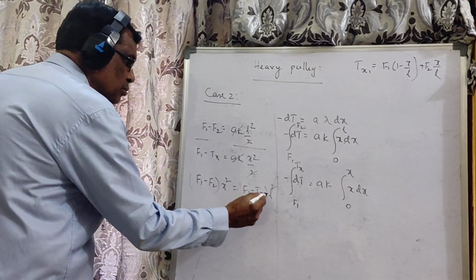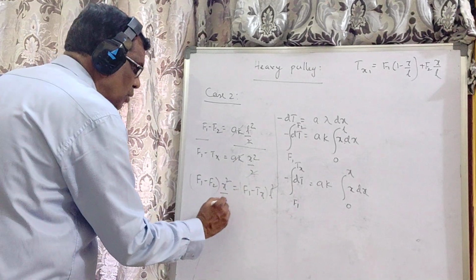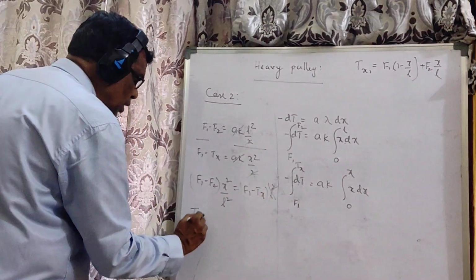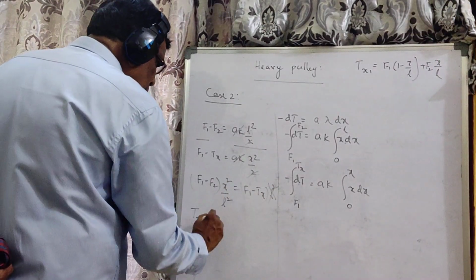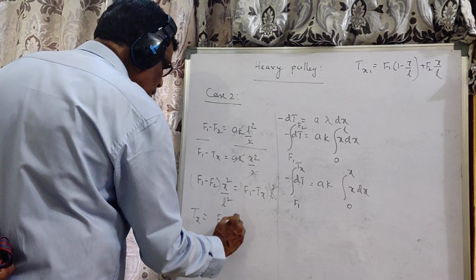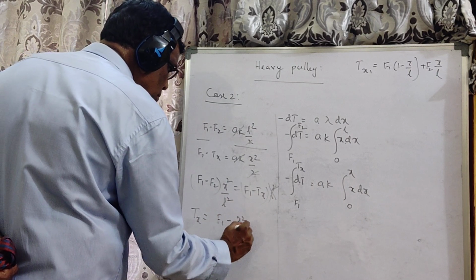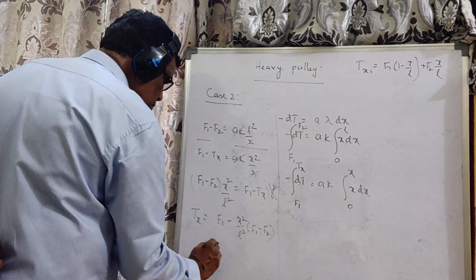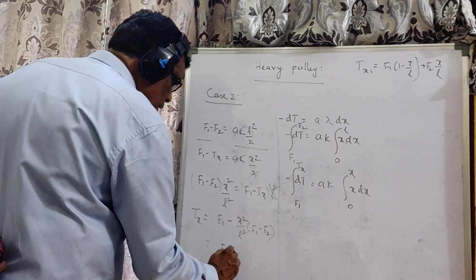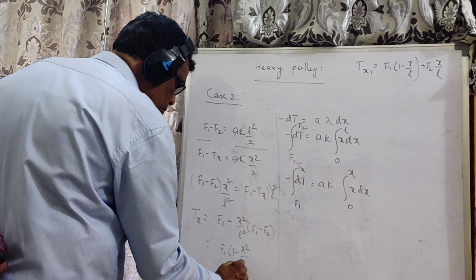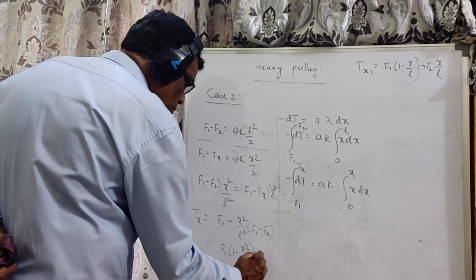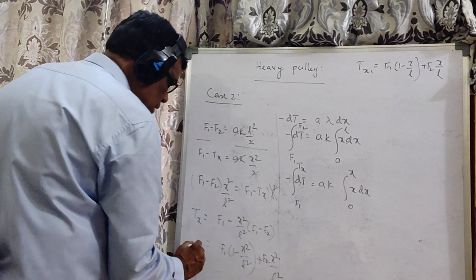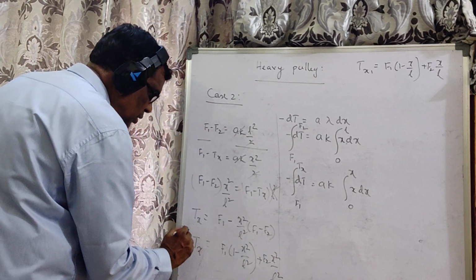What am I getting? L square, I bring it onto this side. So Tx also, as before, I bring it onto this side. F1 will remain minus x squared by L square, F1 minus F2. So you get F1 into, plus F2 into, this is a very important result for you.